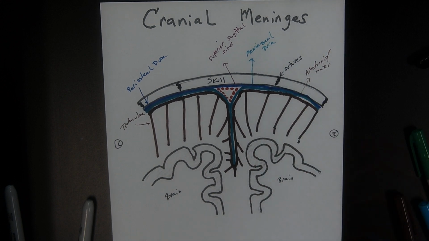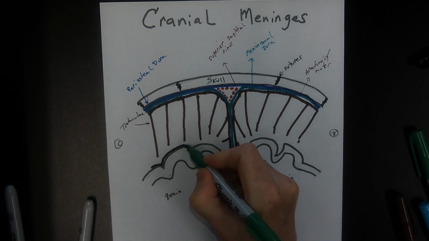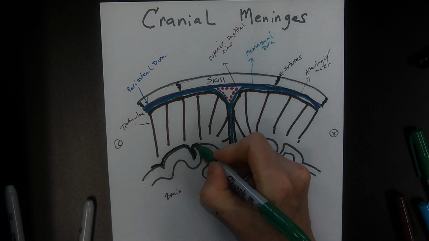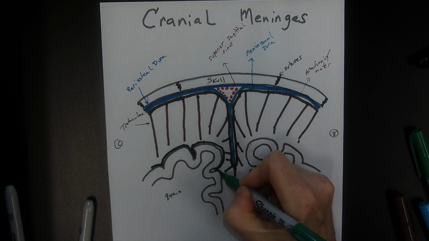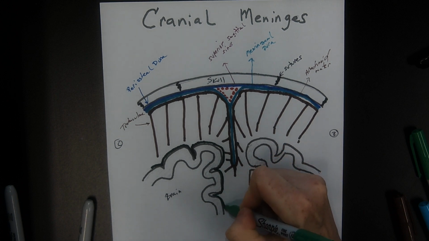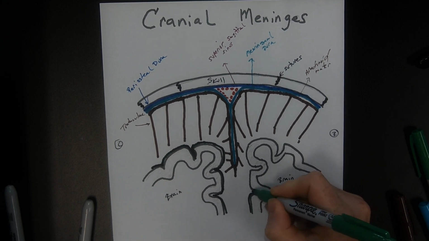Okay, the last layer that we need to draw in there is going to be your pia mater. And your pia mater is just, again, really tightly adhered to the surface of the CNS, and it goes in all the little invaginations. It's not something you're going to see as a layer when you pull the brain, but it's there. It's a soft mother.